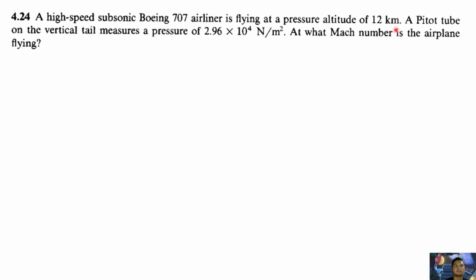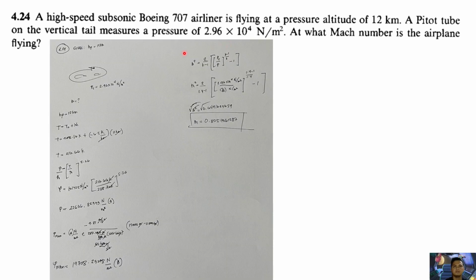Second, pressure altitude of 12 km, which means it is in the isothermal region. Pitot tube, that is P sub T, 2.96 times 10 raised to 4 Newton per square meter. So, how do we get the answer? For the Mach number, we simply get the pressure at 12 km.